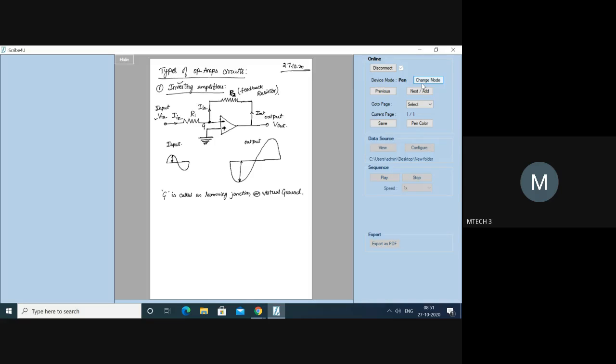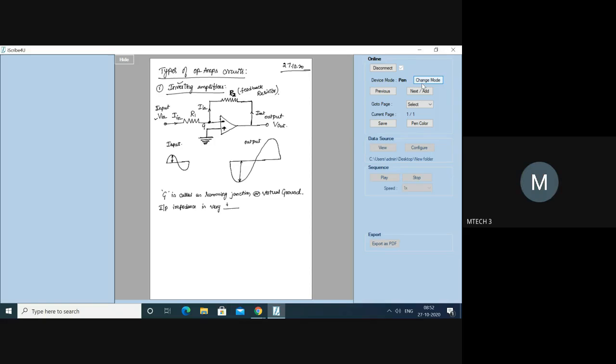Now, what is the current that flows through G? That is very, very important. What was the first feature of the operational amplifier? The first feature is input impedance. Is input impedance very high or very low?